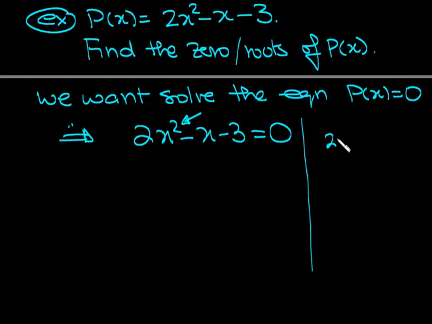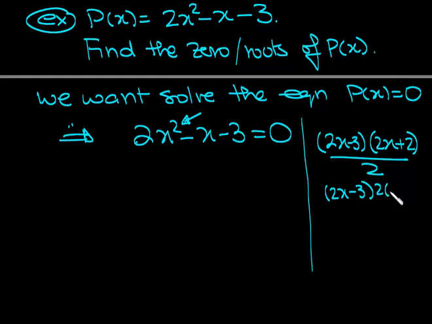So we have 2x divided by 2. We want two numbers. When we multiply, we get 2 times negative 3 is negative 6, and when we add, we get negative 1. So the numbers are negative 3 and positive 2. We can take a 2 out of the second term, and the 2's will cancel, so these are the factors.